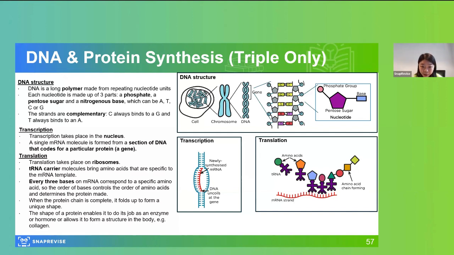The tRNA carrier molecules have amino acids attached, and they are specific to the mRNA. Every 3 bases on the mRNA code for a specific amino acid. So let's say ACC codes for 1 amino acid. And that tRNA is going to bring that specific amino acid to the triplet codon, or the 3 bases.